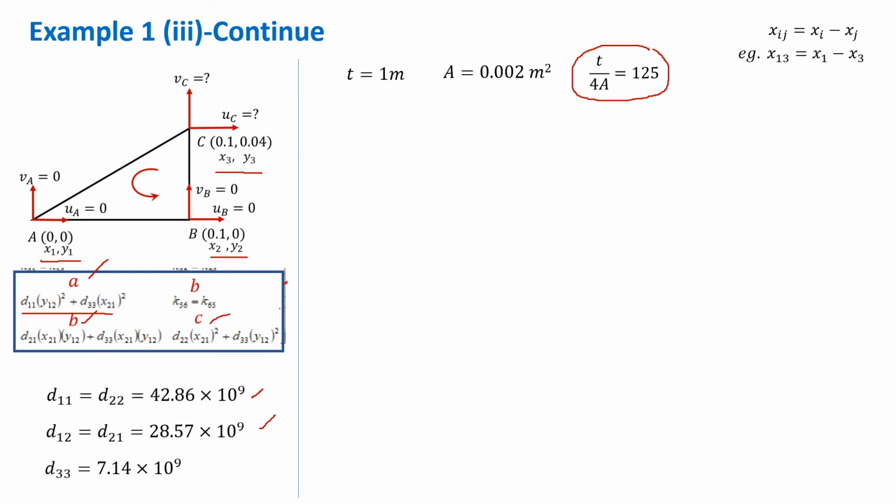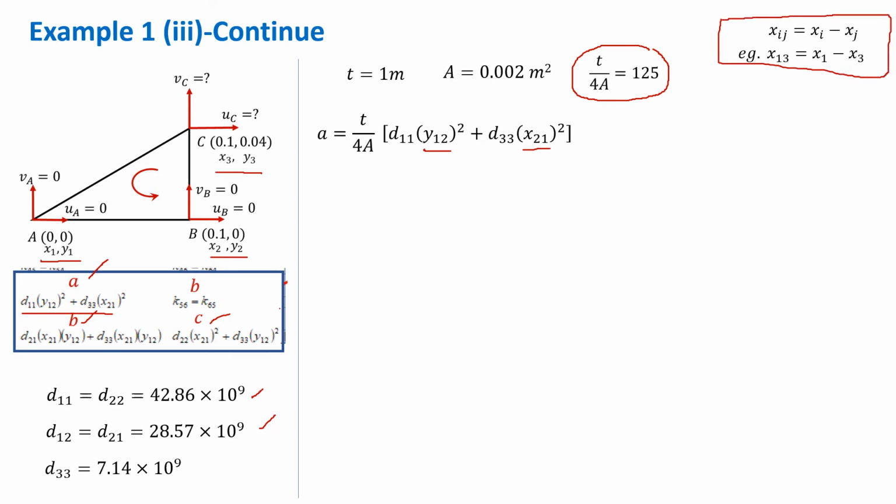For instance, for the first term A, we have to determine this value first, y12 and x21, according to this formula shown above in this slide.